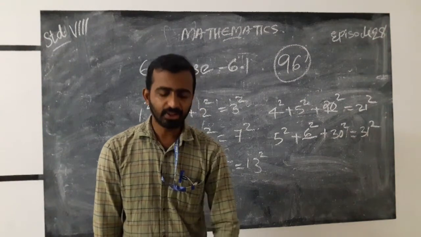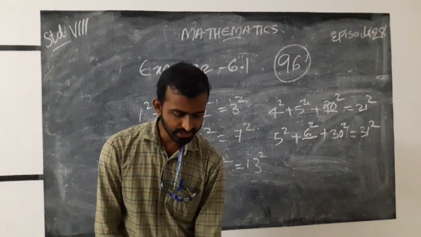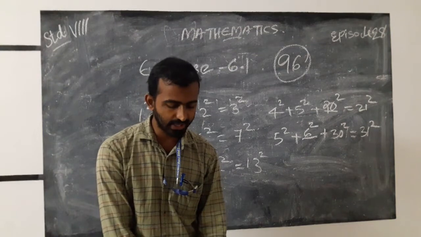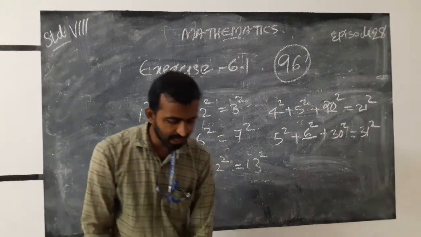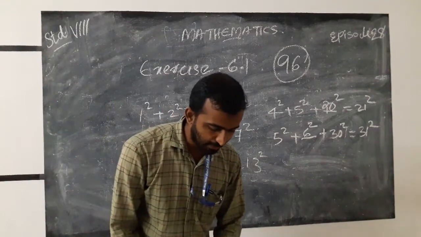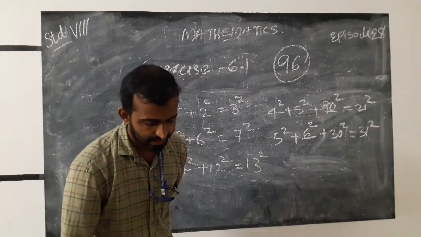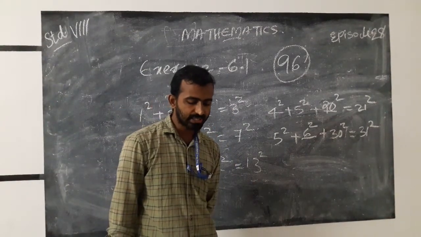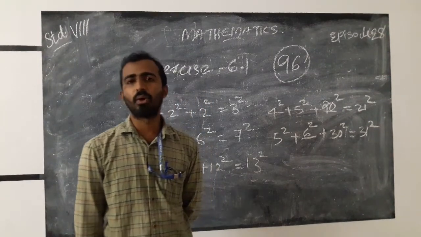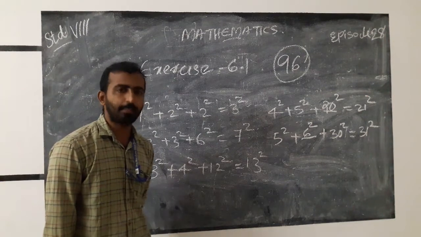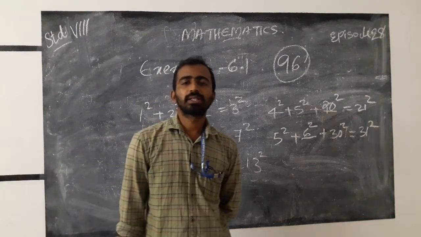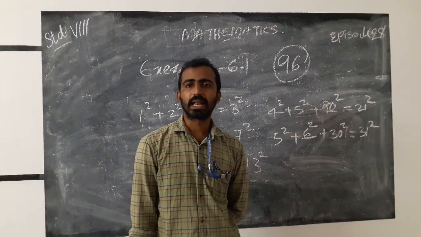And the 8th question. Next, we are discussing about the 8th question. 8th question is, express 49 as the sum of 7 odd numbers. That is 49. We want to represent it as 7 odd numbers. Is it? Yes.